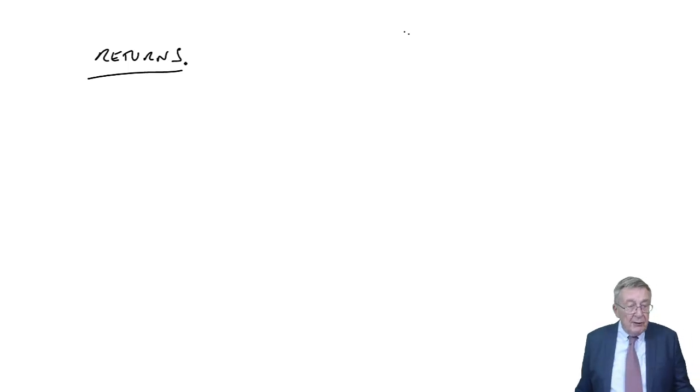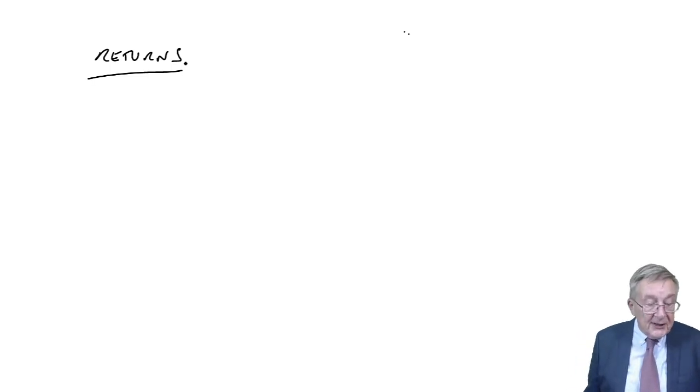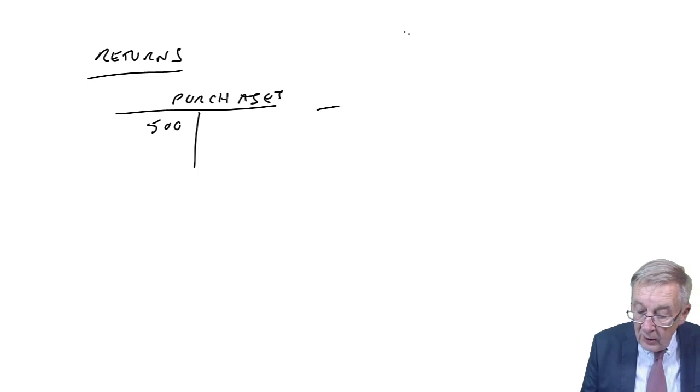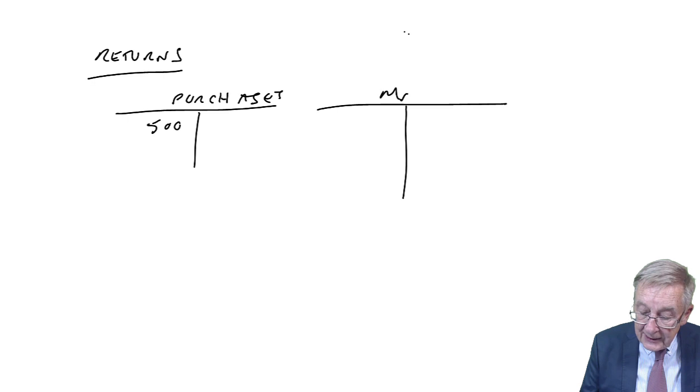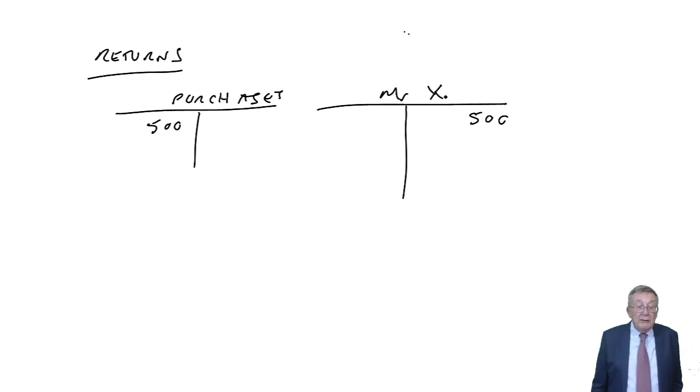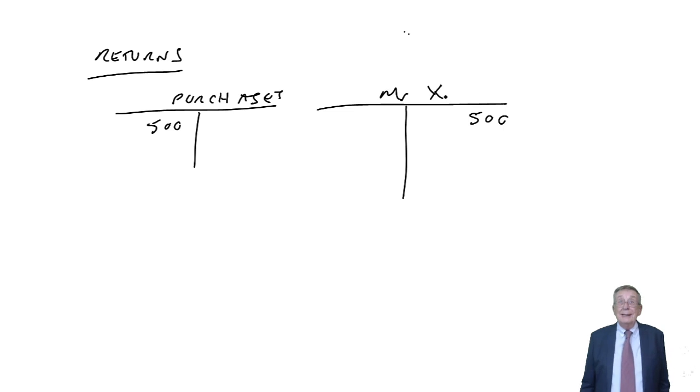So, how are we going to record it? Well, little example. Suppose we buy goods on credit for 500 from Mr. X. What do we do when we buy on credit? We debit purchases. We credit Mr. X. A week later, we return half the goods and he accepts the return.